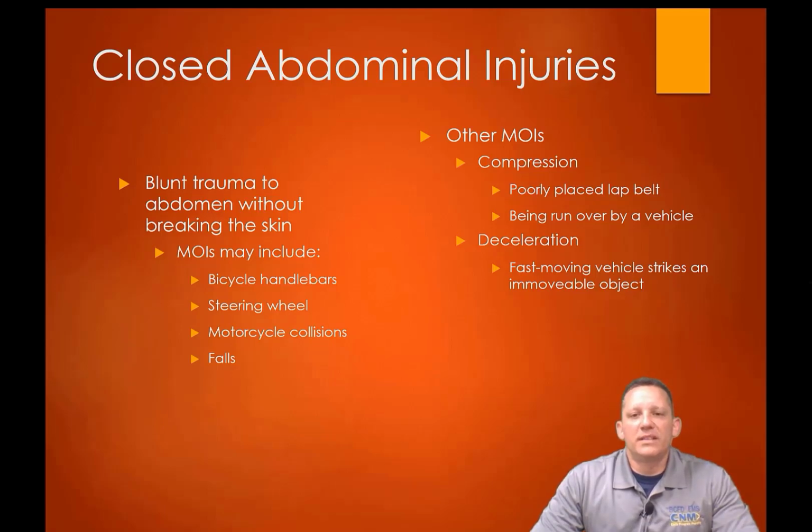So deceleration movements can really create a lot of damage inside, because remember, there's 3 collisions, right? The collision with the unmoving object, the body colliding with something in a vehicle or something else, and then the internal organs colliding with hard fixed objects inside the body.